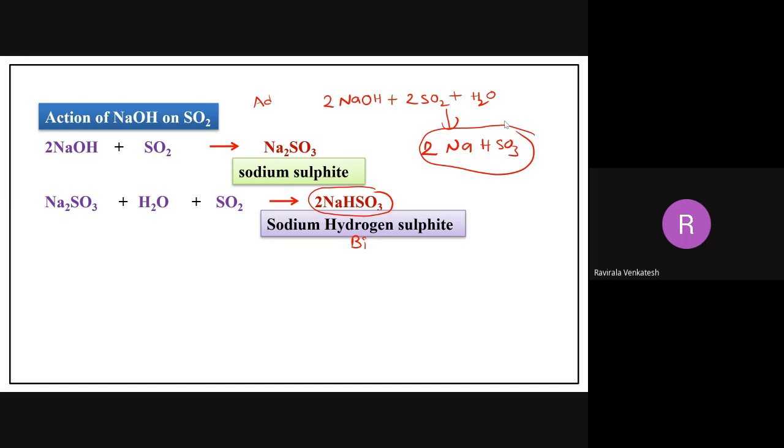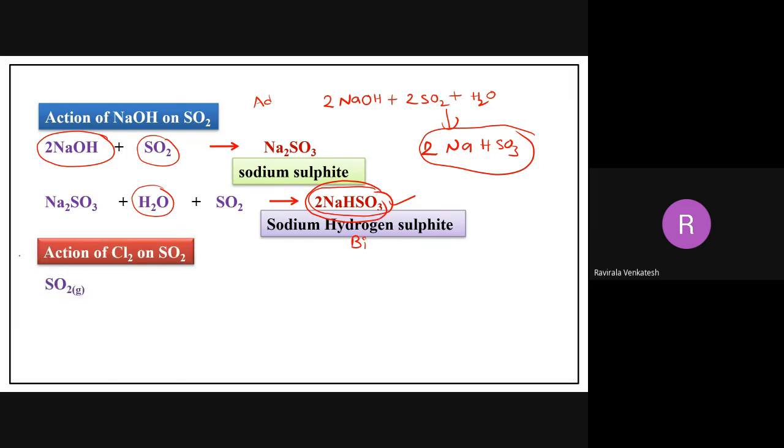Understood? ये reaction भी थोड़ा important है बेटा, जरूर याद रखना है आपको. NaOH when it reacts with sulfur dioxide in presence of water, what is the final product you are getting? Sodium hydrogen sulfite. ये याद रखना है आपको.